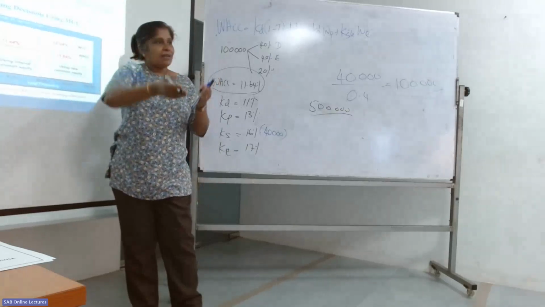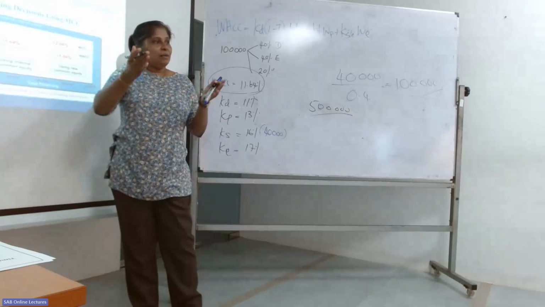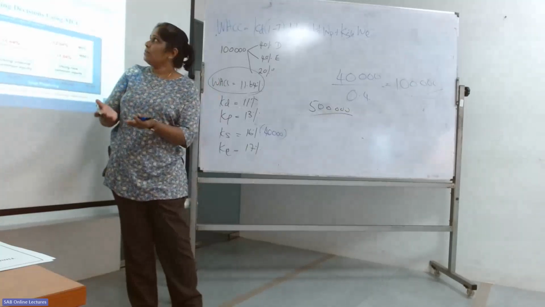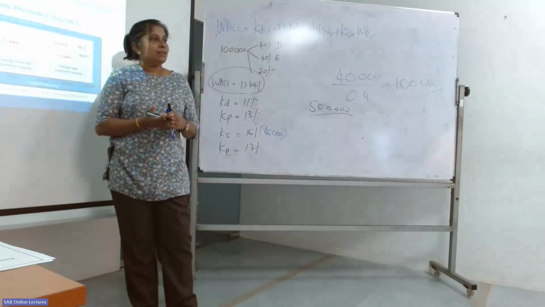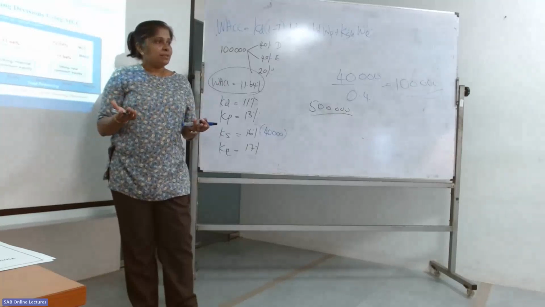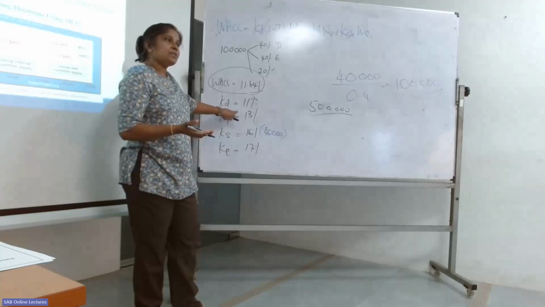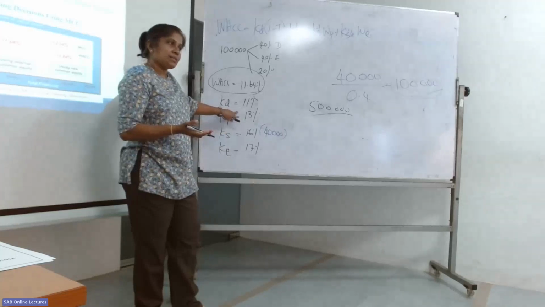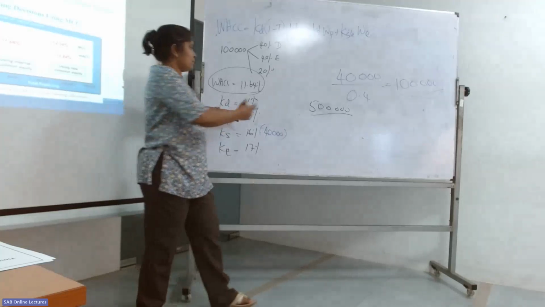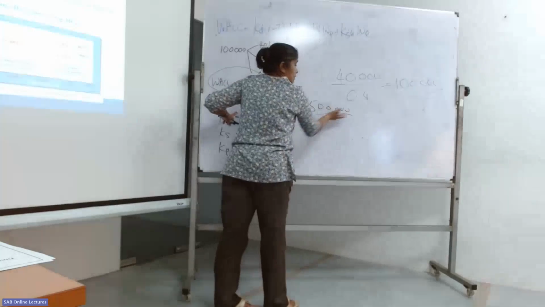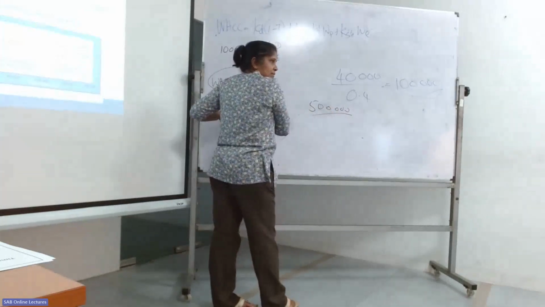So you can write here available capital divided by the percentage, or the weight, of that capital. Then for debt, up to 500,000 only you can borrow at 11%. This is the available debt capital at 11%.